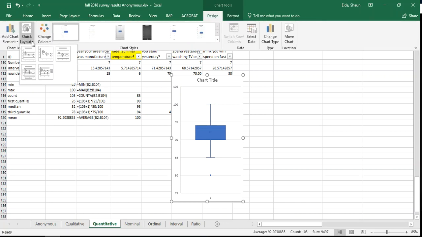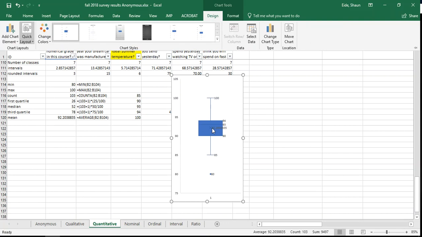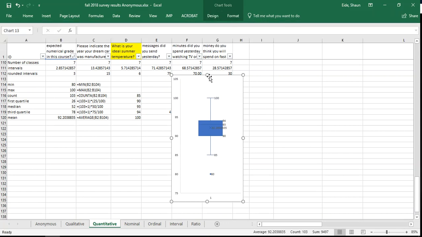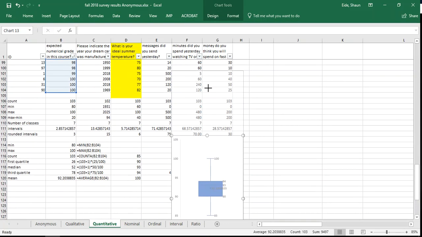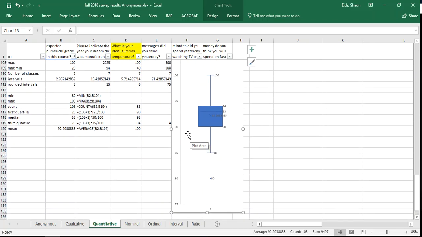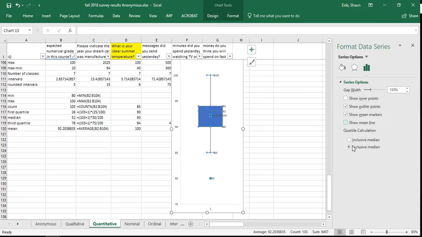I'm going to go to quick layout and modify the way that it looks, so that you can see a little bit more information about it. And then I double clicked on the box and whisker plot, and I'm going to request to see the inner points. You don't normally show the inner points, but I'm showing it to you guys just so you can see the distribution a little bit.